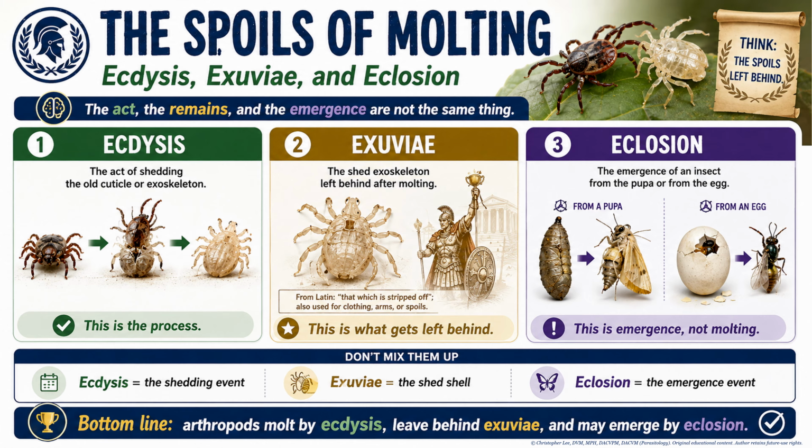In practical insect biology, especially for this course, use eclosion for the emergence of the adult insect from the pupa or puparium. Eclosion can be thought of as the final ecdysis. So don't mix them up. Ecdysis is the shedding process, exuvia are the leftovers, and eclosion is adult emergence.